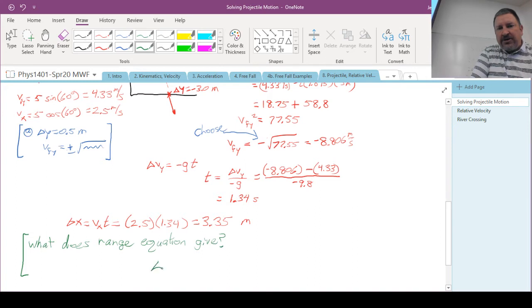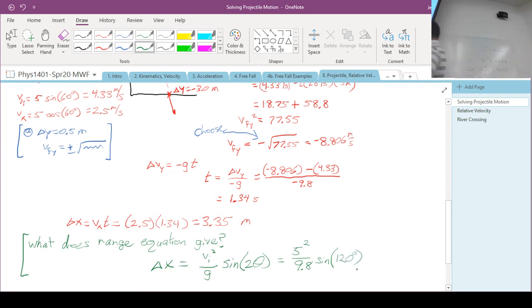So the range equation was delta x, or the range, is vi squared over g times the sine of 2 theta, which in this case would be 5 squared over 9.8 times the sine of 120 degrees.